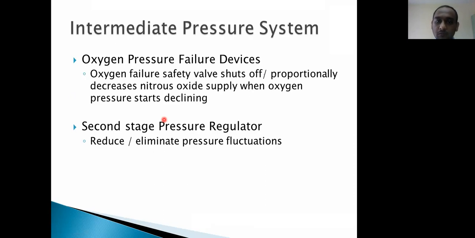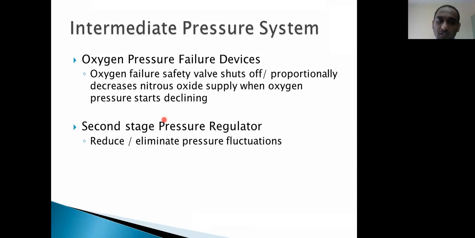Then there are the oxygen pressure failure devices. Now there are two types of pressure failure devices. One is the proportional reduction valve, and one is the shut off valve. So as the oxygen pressure decreases and the pressure gauges sense a decrease in the oxygen pressure, the proportional valve proportionally decreases the pressure of the other gases as well.